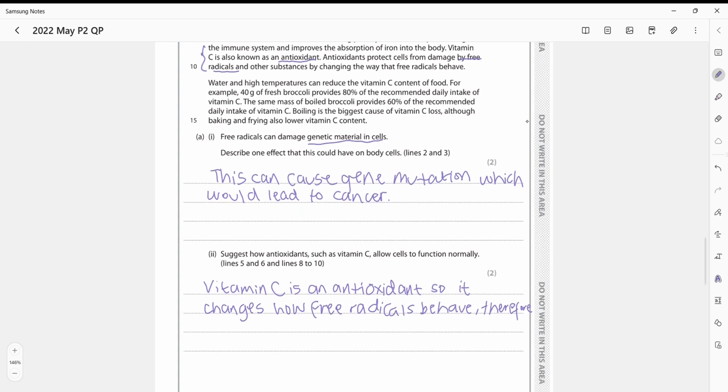Therefore, it can prevent them from affecting the transport of substances in and out of the cell.